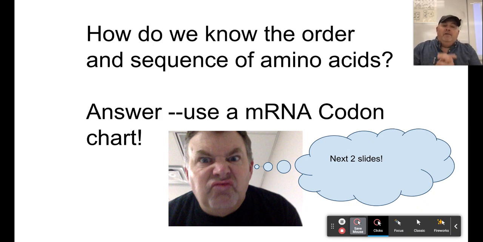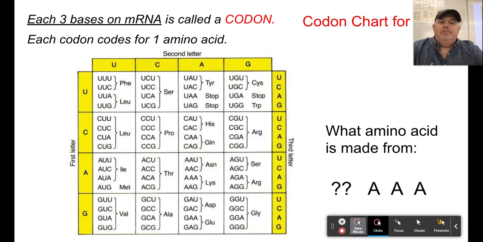The use of a messenger RNA codon chart is one way that we can interpret how amino acids are assembled. So the next two slides show, for example, how to interpret what codon sequence spells a particular amino acid. Remember that we said that each three bases up on top here is referred to as a codon.